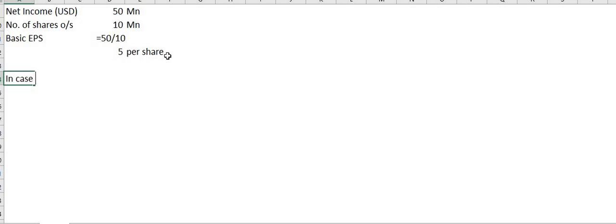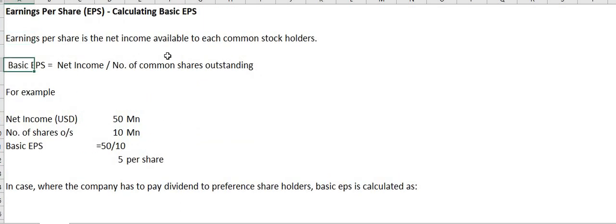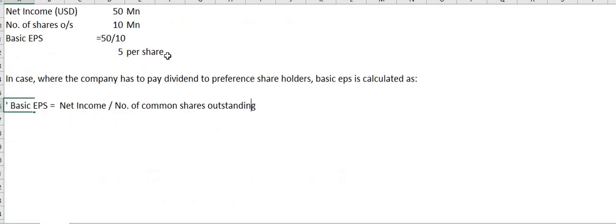So in case the company has to pay dividend to preference shareholders, basic EPS is calculated as, now we have to modify the numerator a bit, because in this case the whole of the net income is not available to the common shareholders.